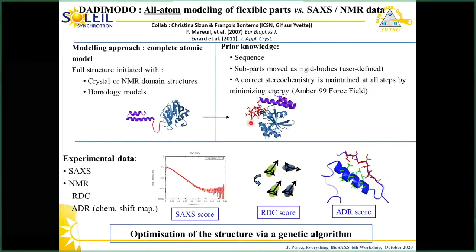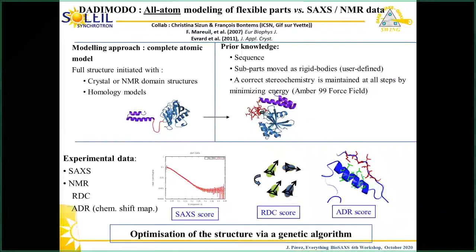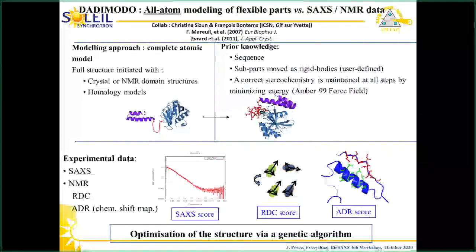And at each step of the algorithm, we compute the energy of the model using a force field. So we make sure that at each step, the object that we have is physically viable. It could have this conformation from an energetic point of view.